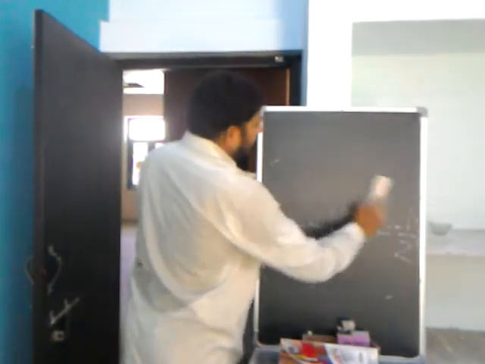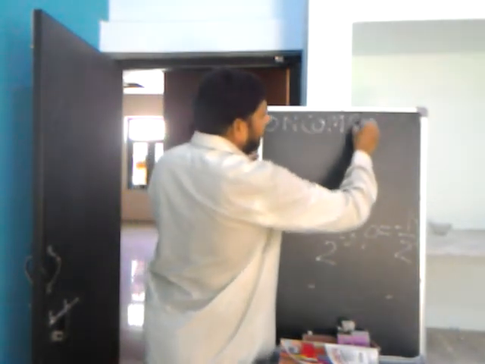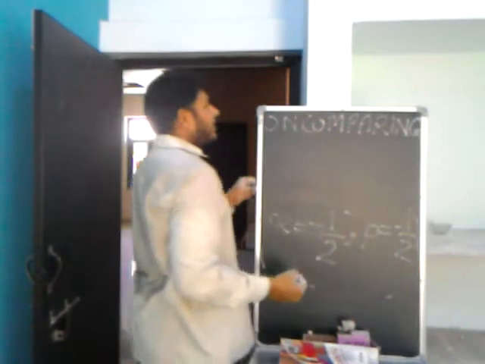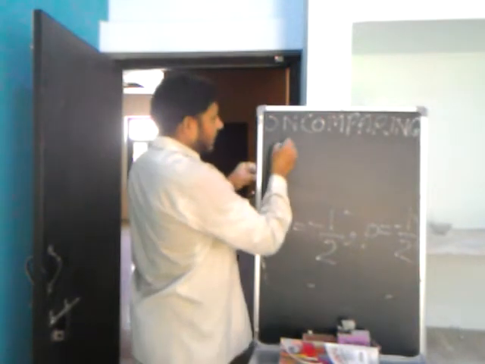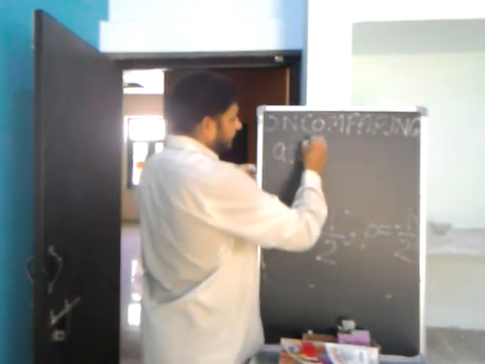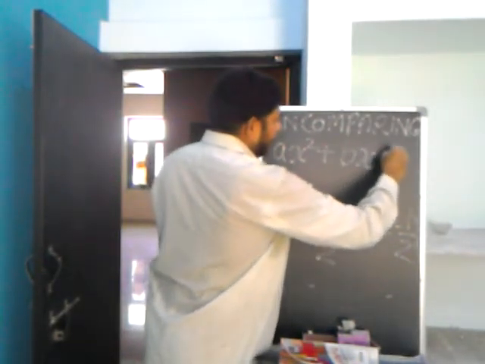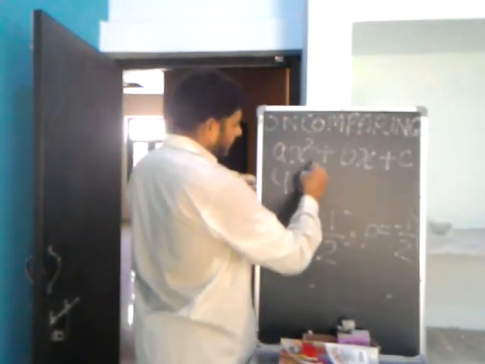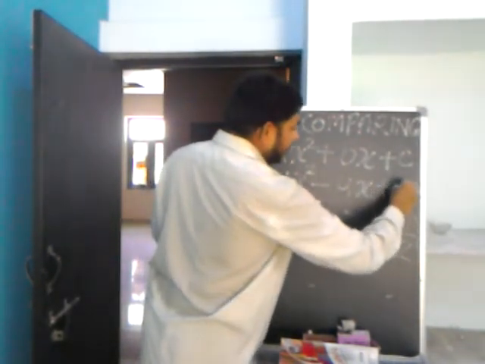Now I shall compare ax square plus bx plus c with 4x square minus 4x plus 1.